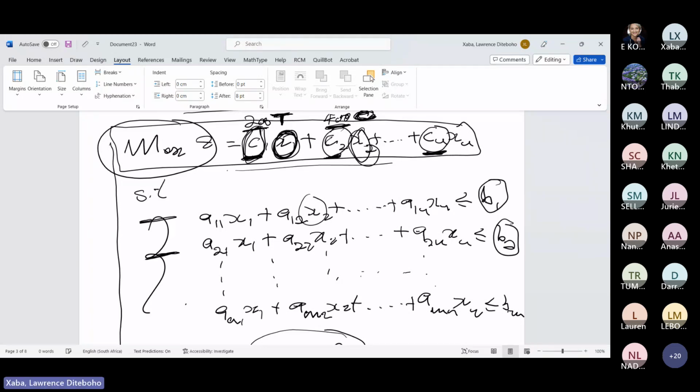Like I'm saying, when it says less than or equal to, it means we can only go up to B1. For example, if B1 is, let's say, 240 hours, it means for us to produce these 2 items of the first constraint, we are given less than or equal to 240 hours.